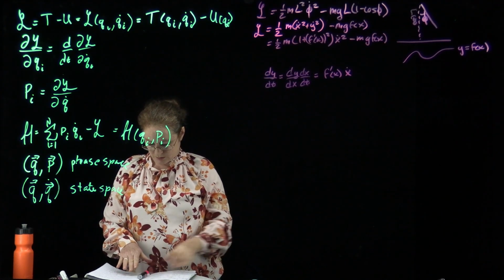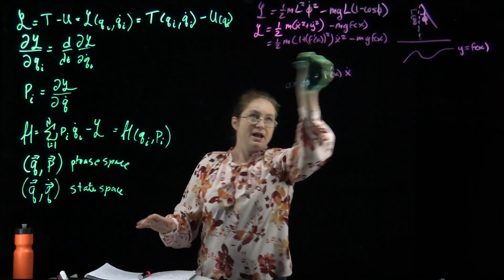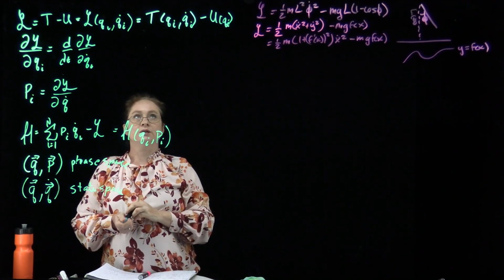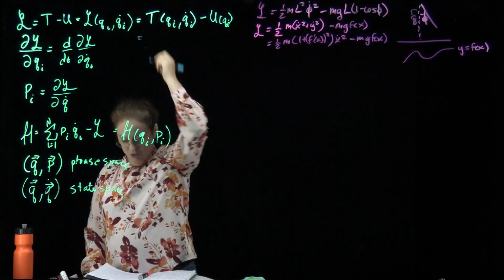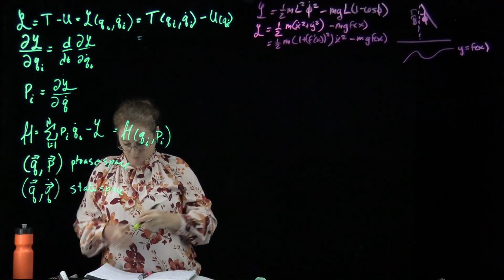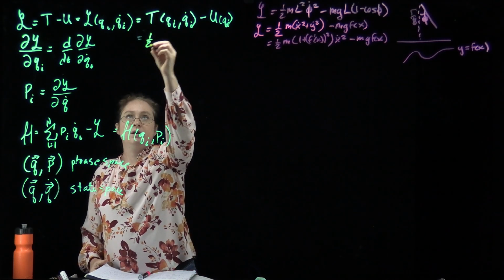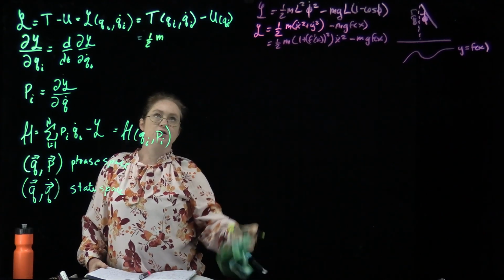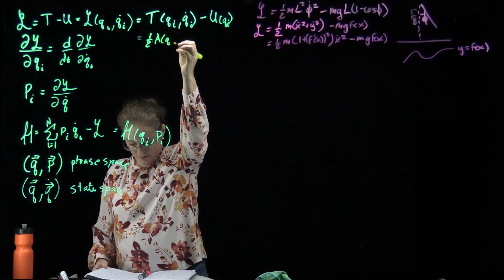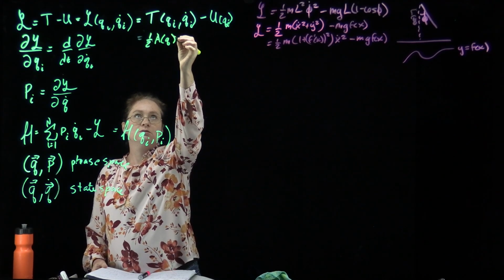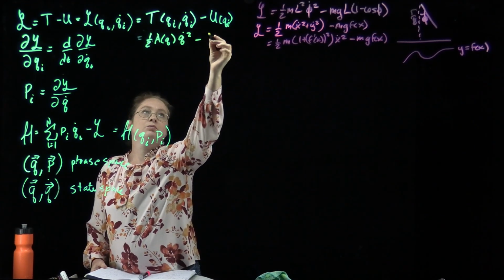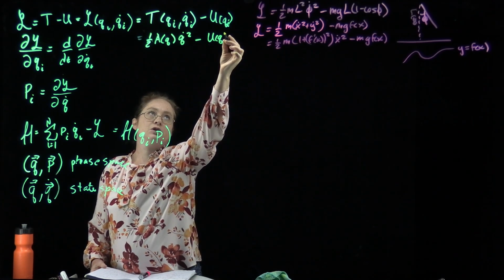So we can generally write, in this case, where we have only non-dissipative forces, that our Lagrangian is, in fact, 1/2 times some function, which in general can be a function of q, times q dot squared, minus the potential as a function of q.